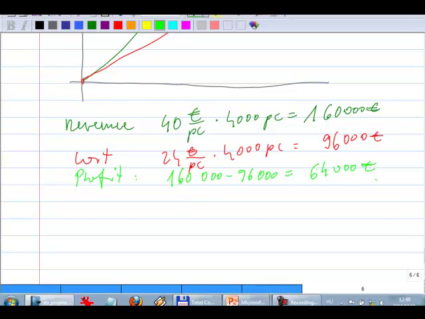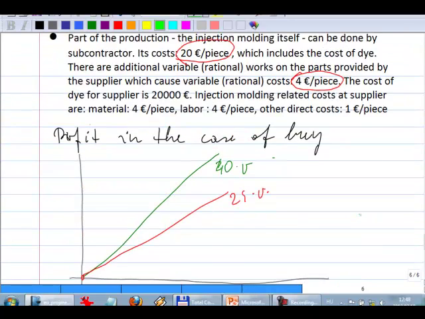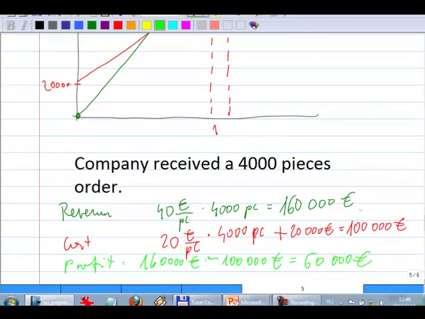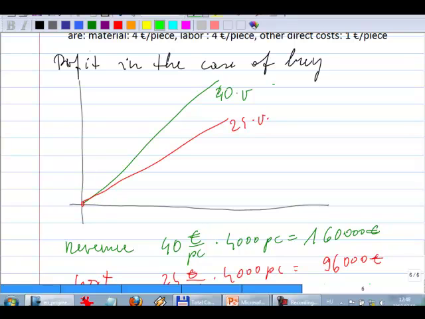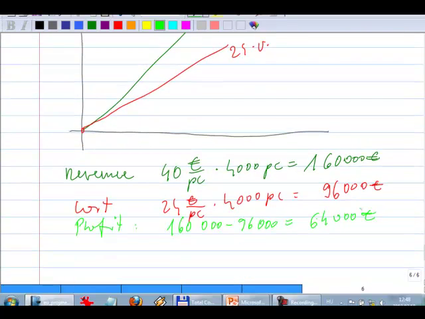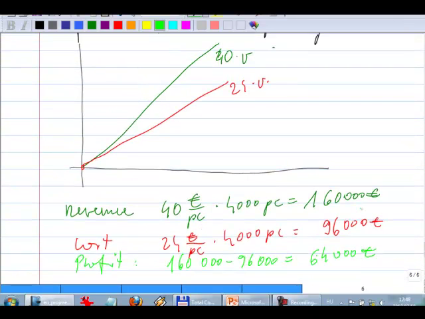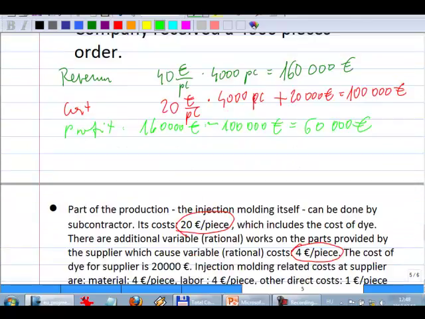Is it possible that above certain volumes it's better to make and under that volume better to buy, or opposite? Who knows? What is your opinion? Is there a kind of critical volume under which it's better to make than buy?